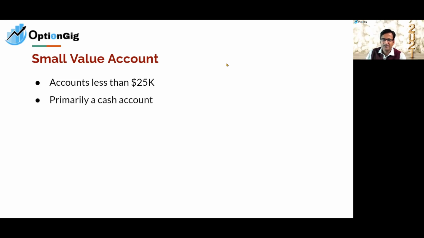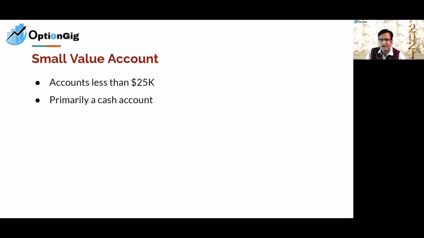It's primarily a cash account. Now, cash account means that you don't have access to margin. So if you are buying or selling, you have to pay full amount upfront. An example, if I'm buying a stock of XYZ and it's a cash account, XYZ is at $50. If I'm buying 100 shares, then I have to pay $5,000.